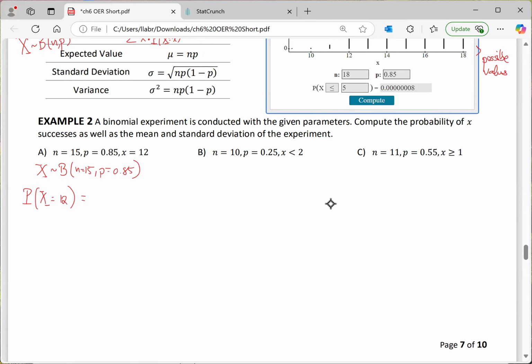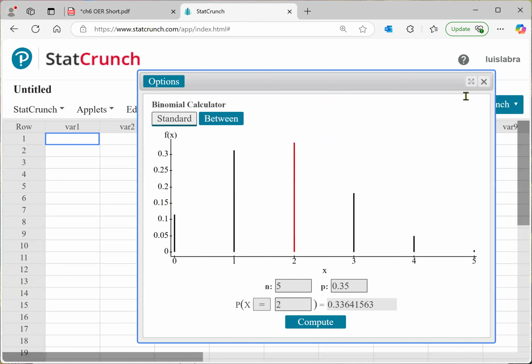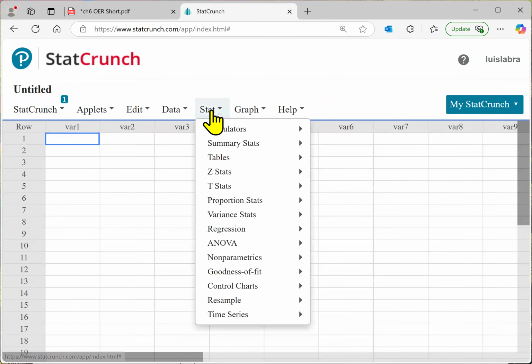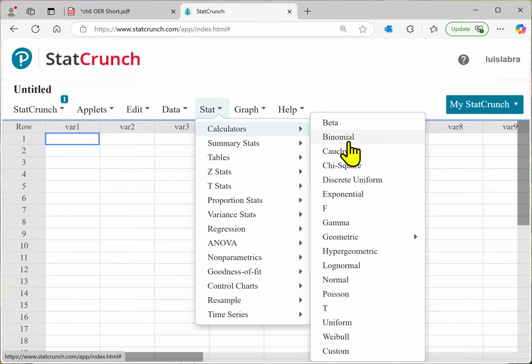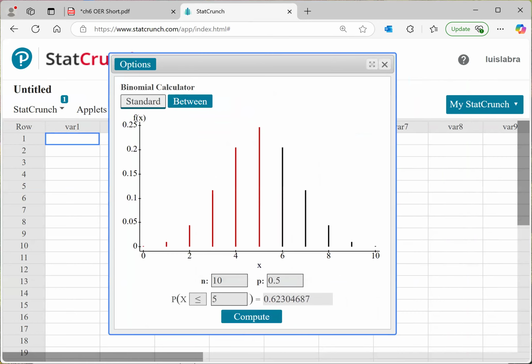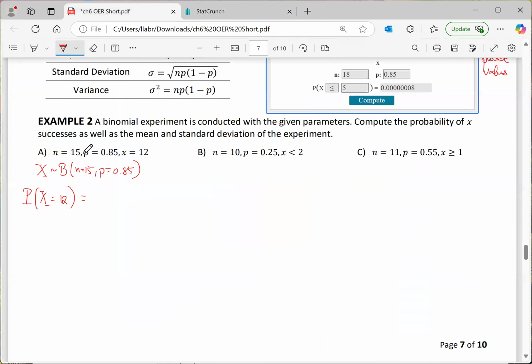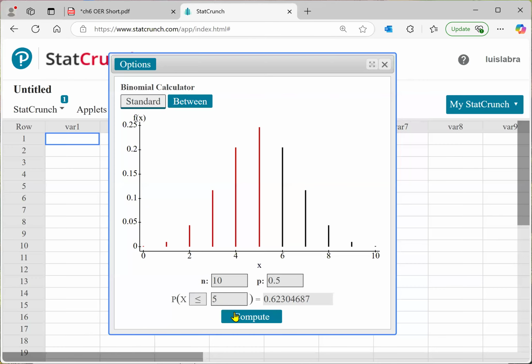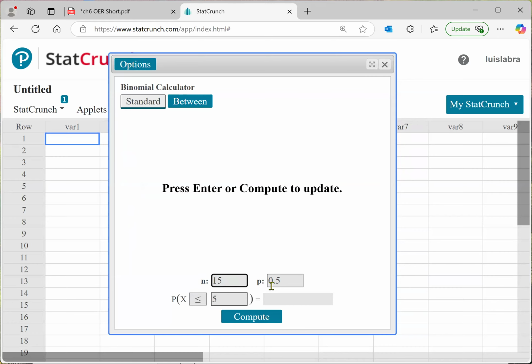You could use the formula, but we're simply going to use StatCrunch. Remember that in StatCrunch, you go to stats, calculator, binomial. You have to input the value n, so we have to check what that was. It was 15 and 0.85. So n is 15 and p is 0.85.